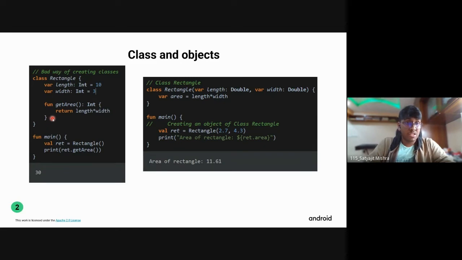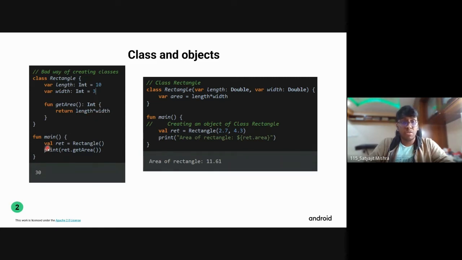I also have a function, getArea, which takes no parameters, as you can see, and returns a value of type Int. It just returns the area, the product of length and width.